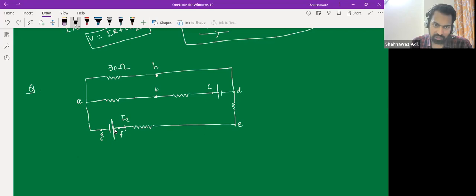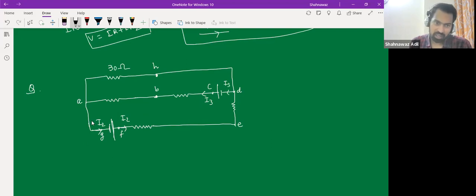So if I2 is flowing in this way, so current I2 will come, right? And let's say that from here the I3 current is flowing, right? So in here I3 will come.